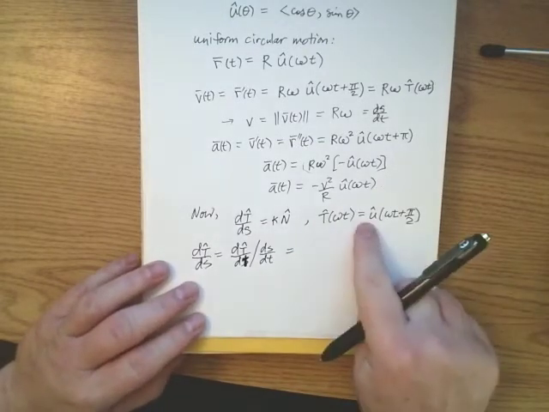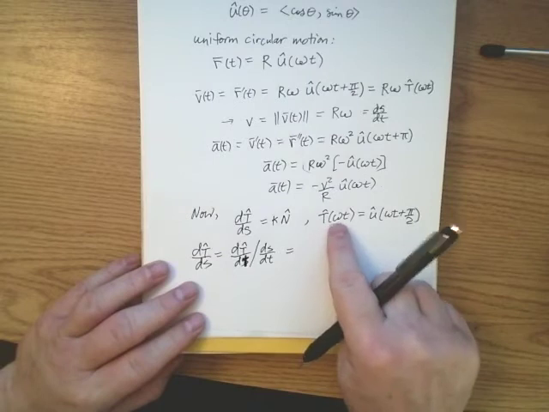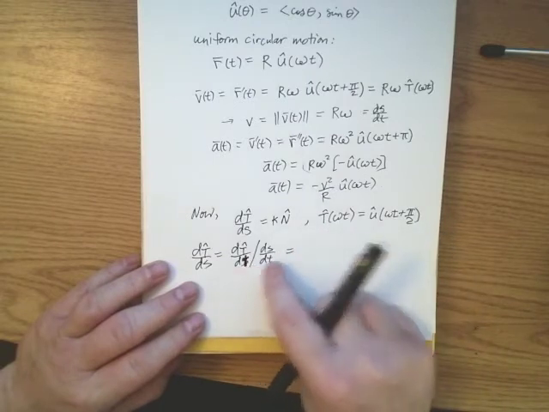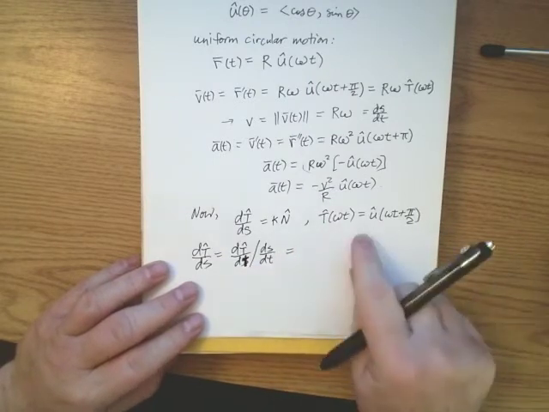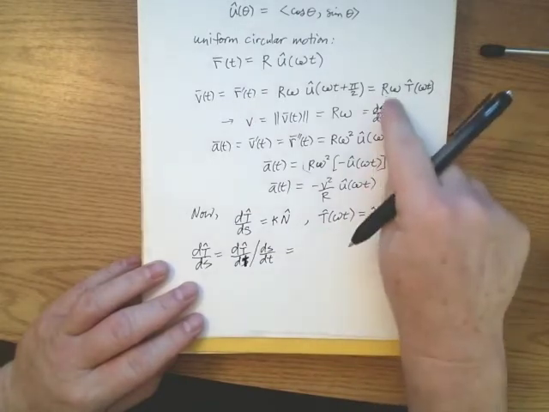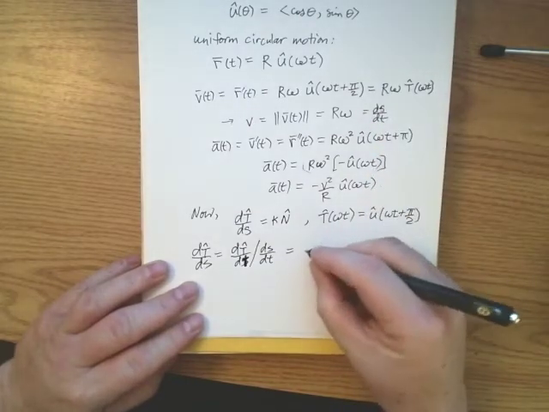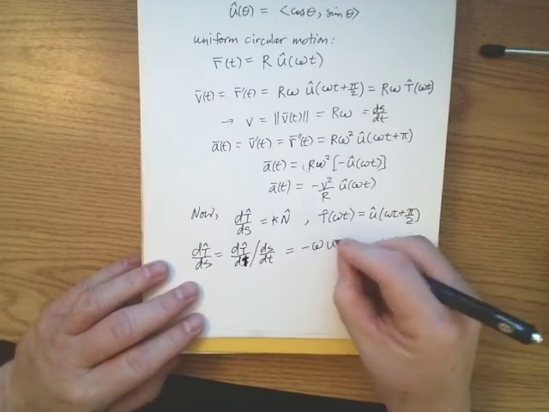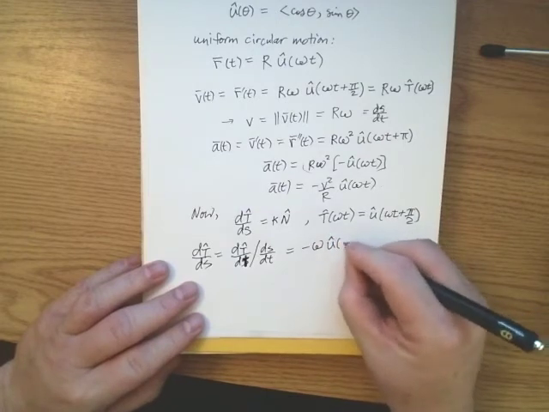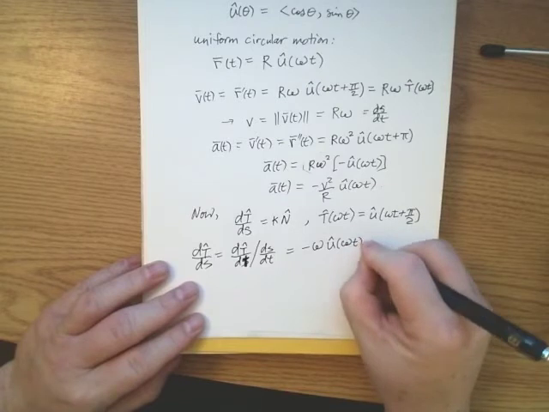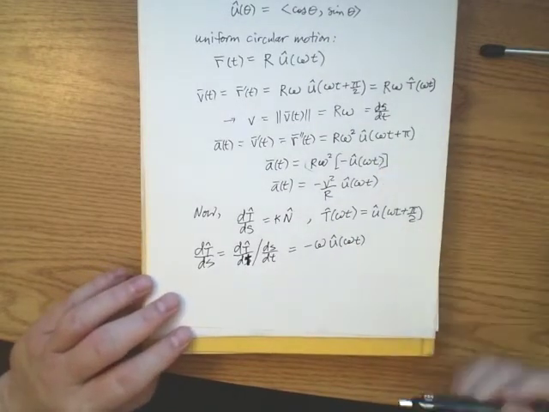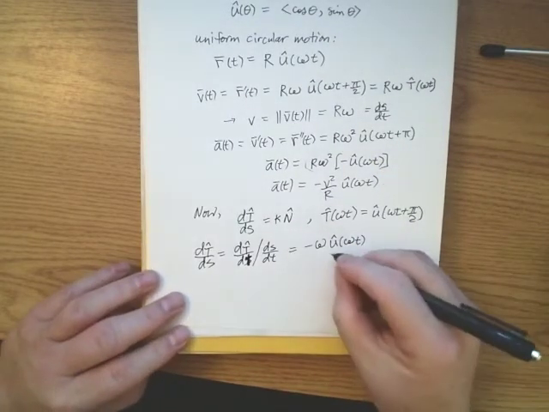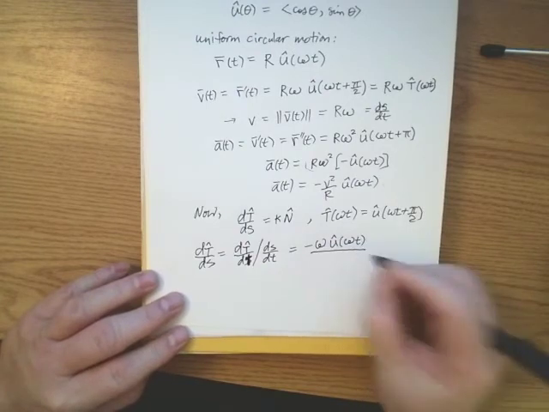Now, if I differentiate this t hat with respect to t, what do we end up getting? We did this before: we end up getting negative omega u hat of omega t. That's what we did up here. And what is ds over dt?